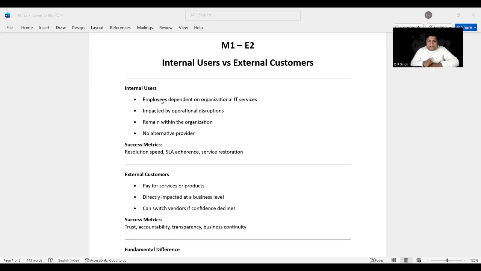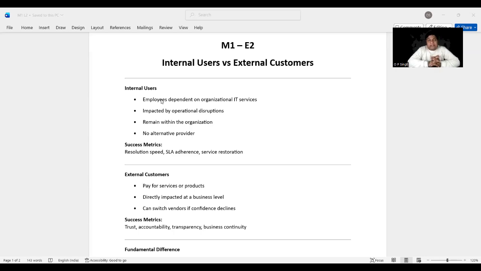We have the next option, which is external customers. External customers are organizations or consumers who pay for the service or the product. If you remember our last example, we have a company which is delivering payroll services to different clients. That company is the first party, and the clients are external customers, because they are paying for the service or the product.